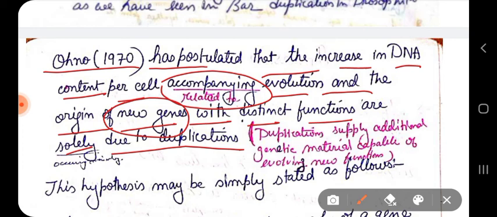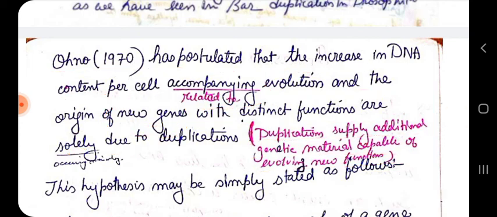So duplications are supplying additional genetic material capable of evolving new functions. Because if you have a duplicate segment and a mutation occurs in it, that leads to the formation of new genes which may have beneficial characteristics that can lead to evolution.